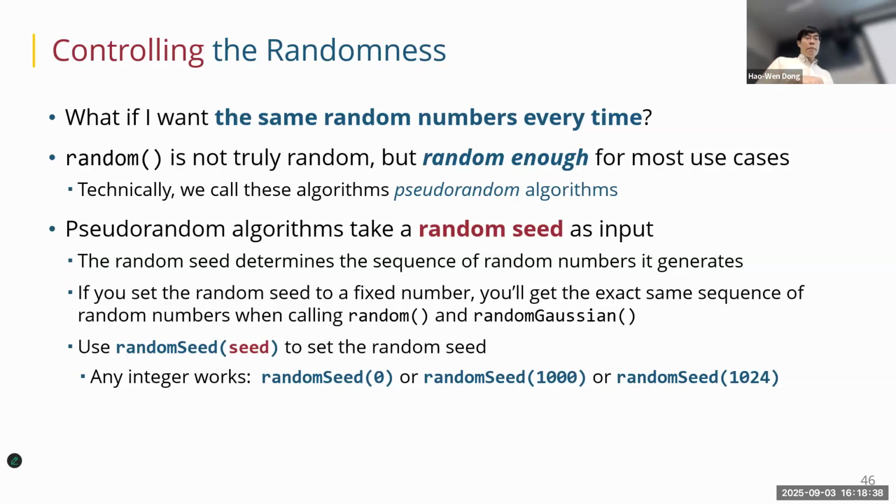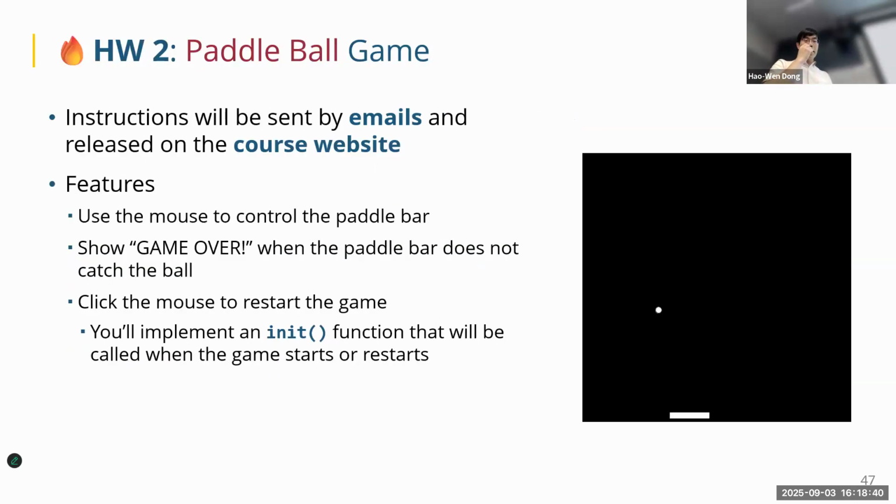Cool. This will be homework 2, but I guess we don't need to worry about it for now. I will send the instructions. It will be due 2 weeks later. As you can see, it's pretty similar to what we are doing in homework 1. Just that now you have a paddle here. Now the bottom wall is different.